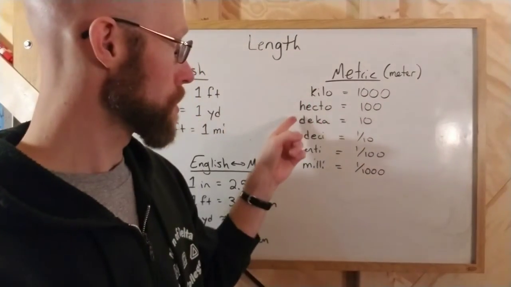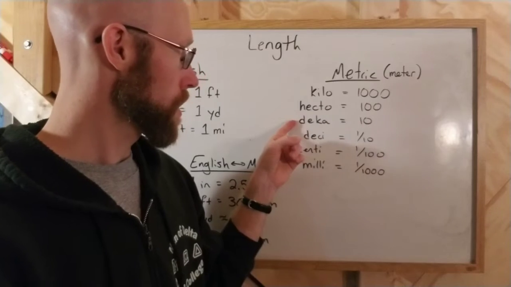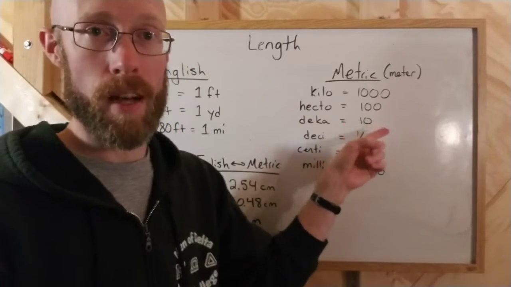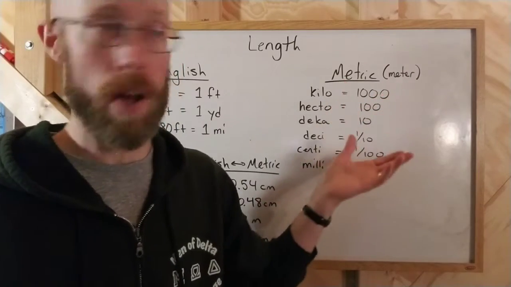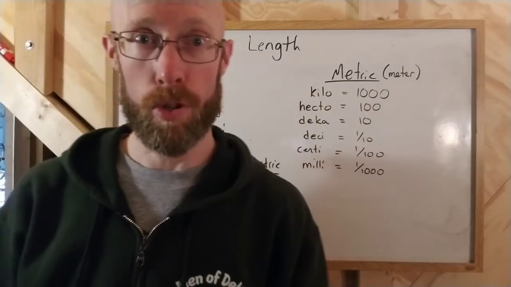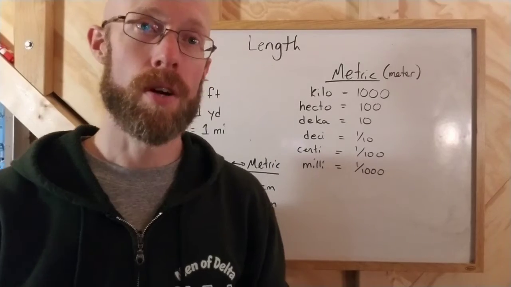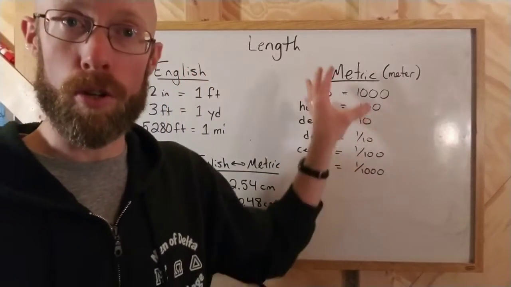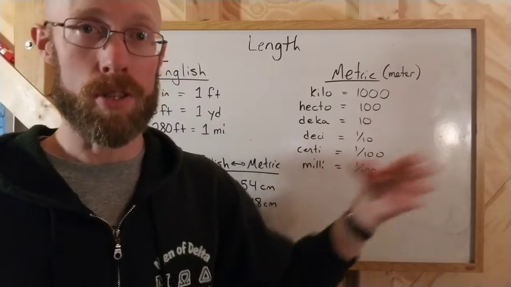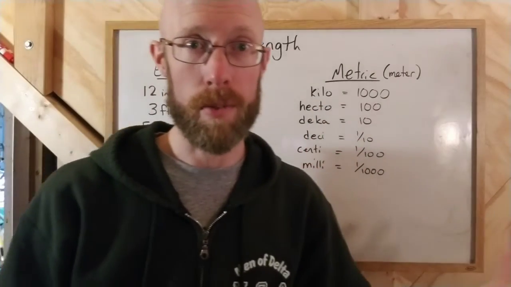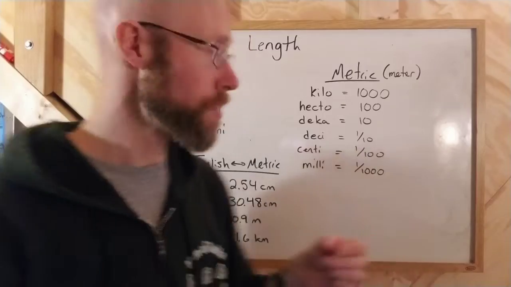If I had 2 kilometers, I've got to add 2 zeros, so that's 100 just to get up to 1, and then you need 200 to get up to the second one. So it'd be 200 decameters to get to 2 kilometers. These are really quick to convert between if you remember how many zeros you need to go back and forth, or decimal places to move.